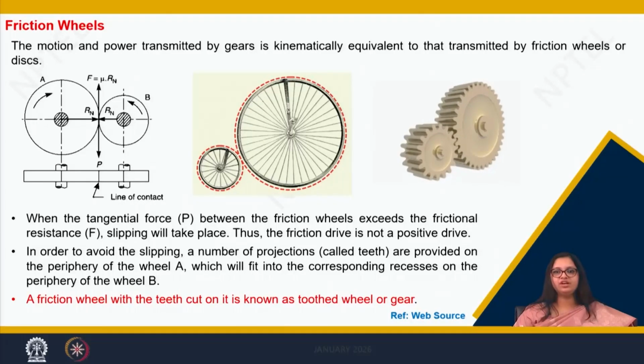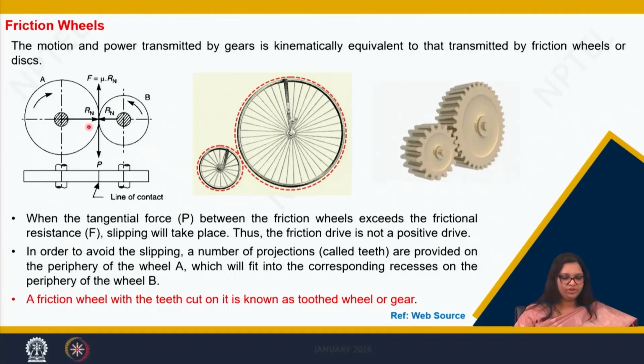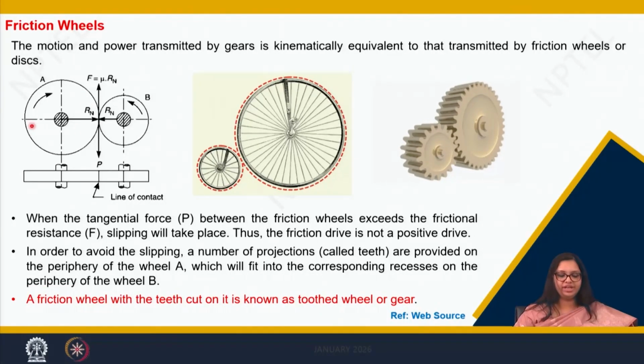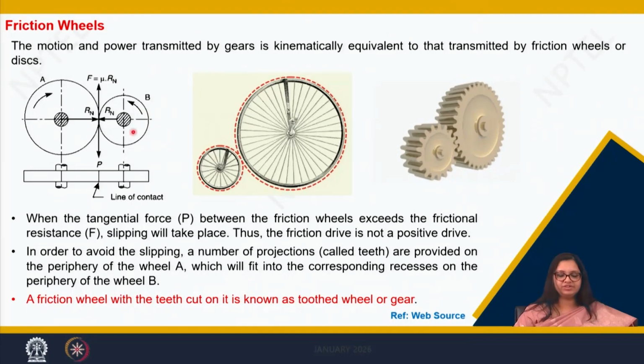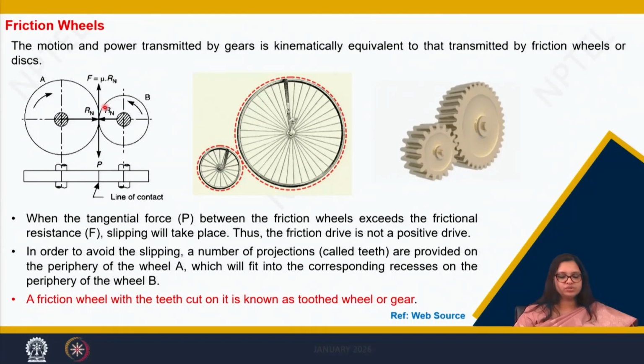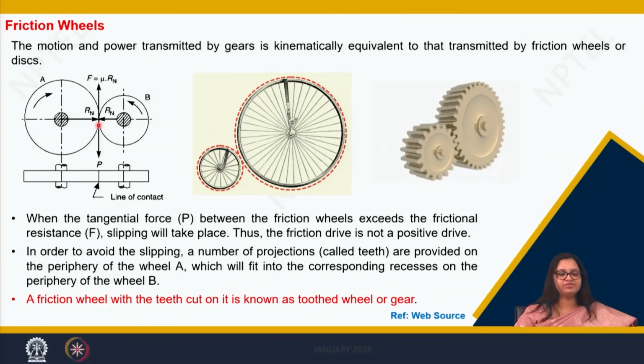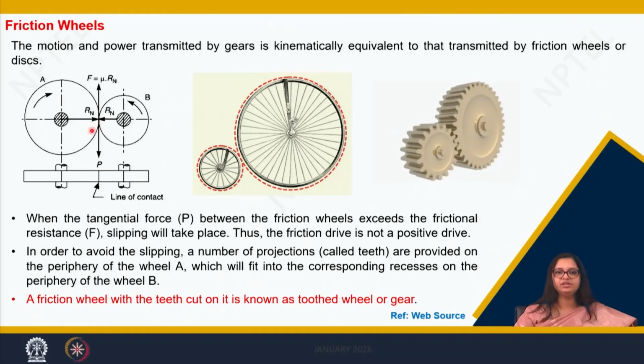Let's say there are two friction wheels. One is friction wheel A, and then there is another friction wheel P. Now you see, when we bring these two friction wheels closer to each other, they will be able to transmit power as long as there is a sufficient amount of friction between them.